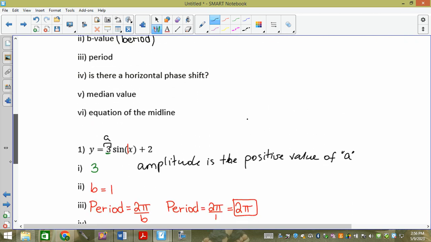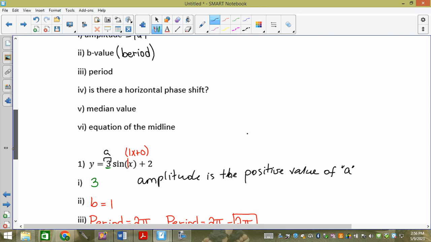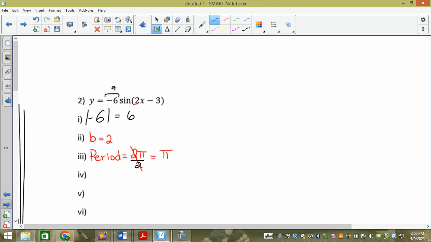For 4, is there a horizontal phase shift? Does this one have a C value? No, because if I wanted to, this would be 1x plus 0, correct? So this would be no, because the question was, is there a horizontal phase shift? No. Let's look at the next one. Is there a horizontal phase shift on this one?